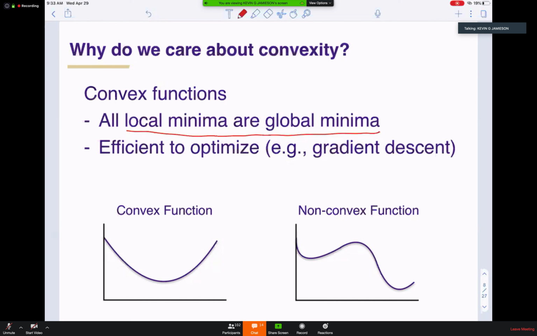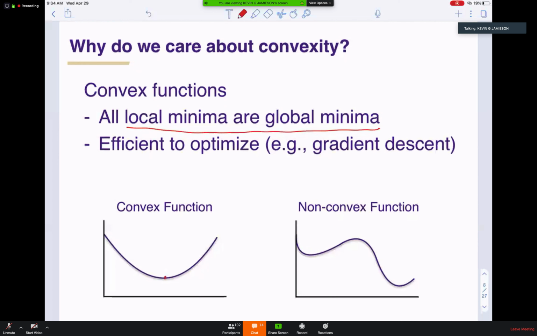In a local neighborhood, if x is a local minimum, and I move in any other direction infinitesimally, the function value increases. That's a local minimum. And so for convex functions, every local minimum is a global minimum.